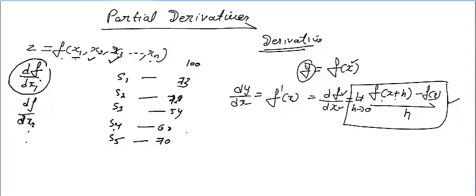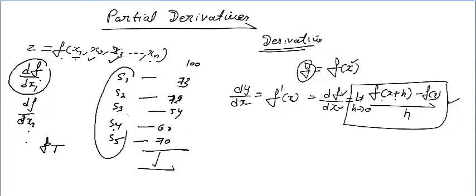Let us suppose, I am taking the average student example. So we have 5 subjects and you will get the total of this. Your total depends upon all 5 subjects.